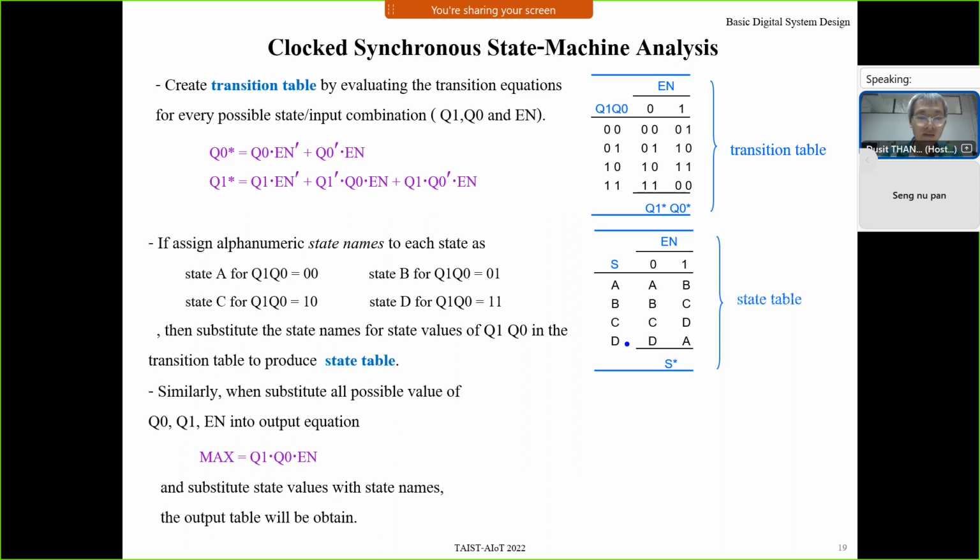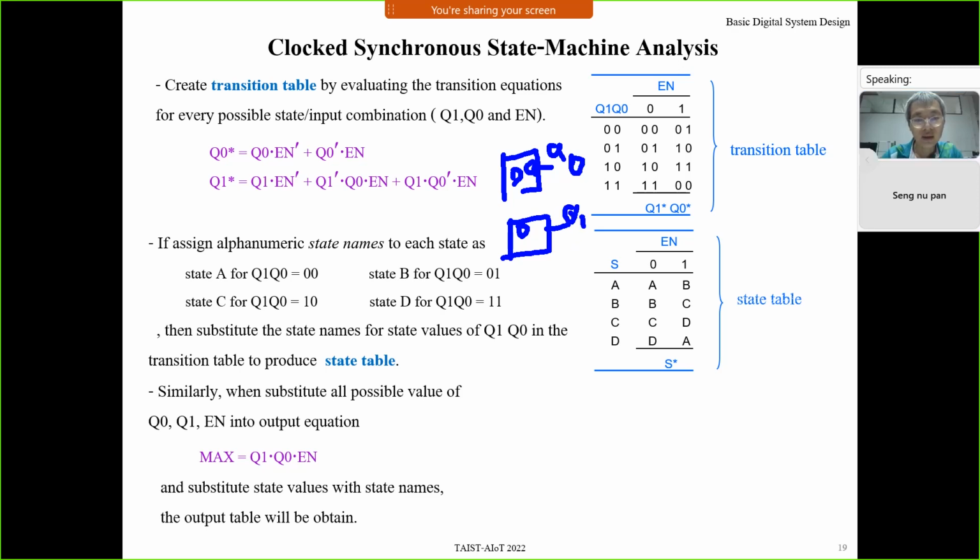Okay. Now let's consider this transition table or state table. Assume this is a D flip-flop with outputs Q0, Q1.